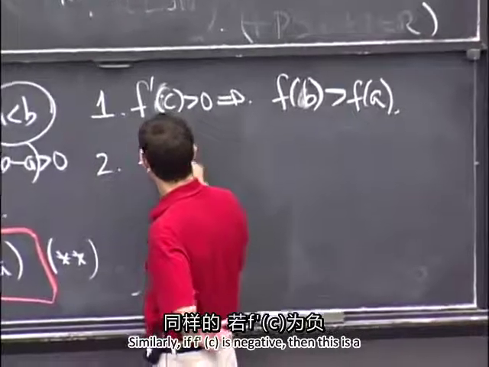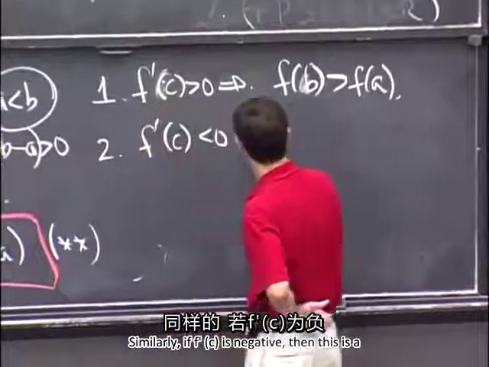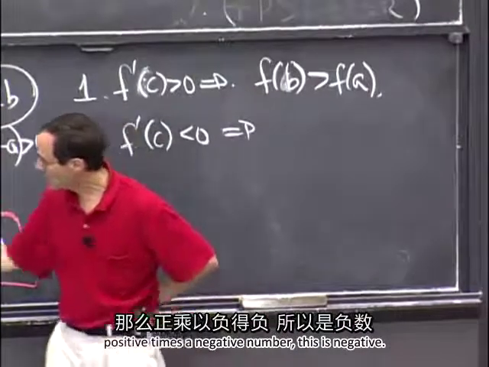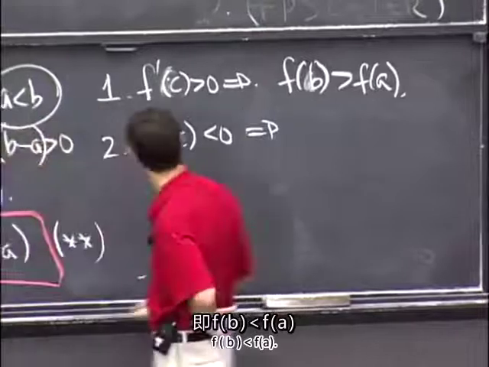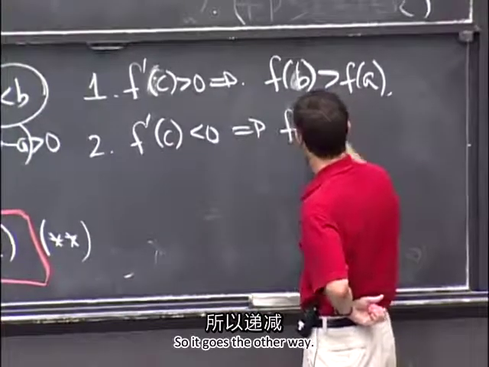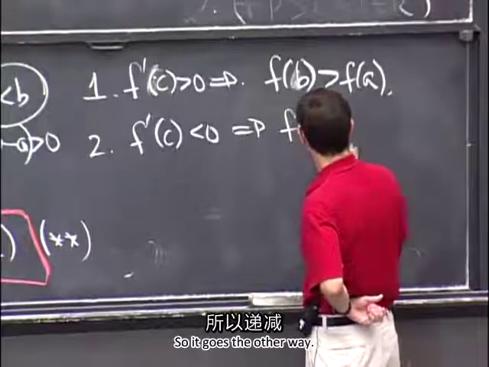Similarly, if f prime of c is negative, then this is a positive times a negative number. This is negative. f of b is less than f of a. So it goes the other way. So maybe I'll write it this way.